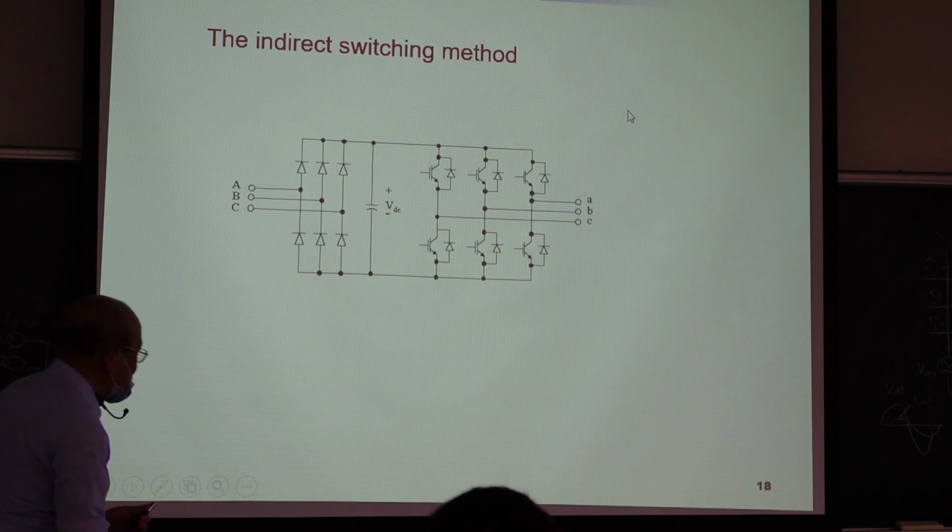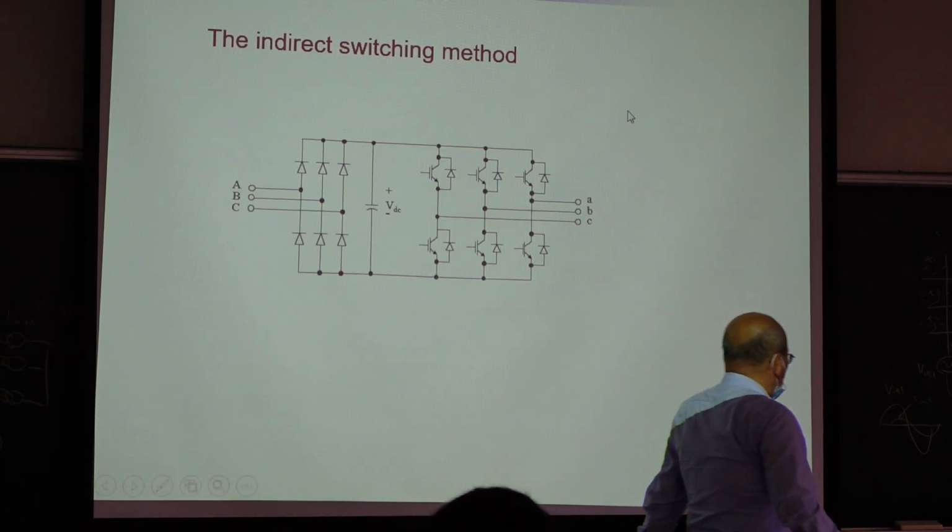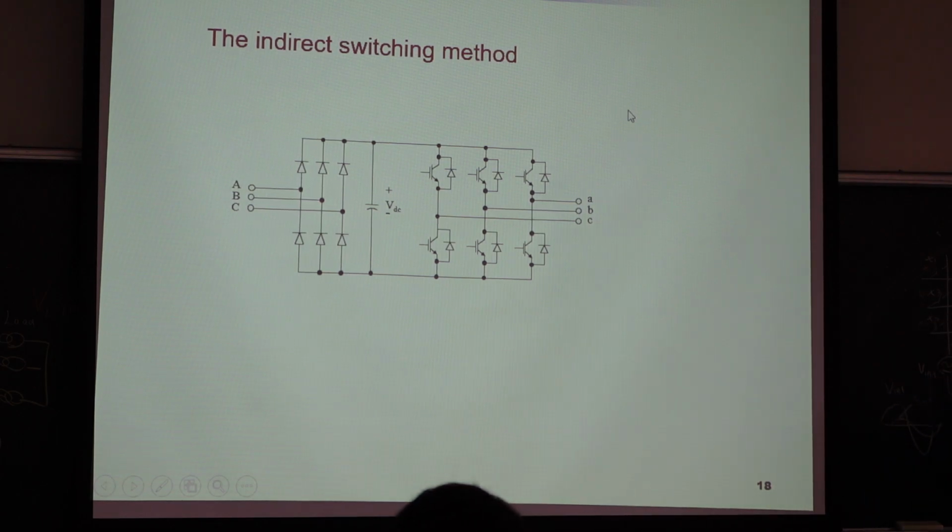So what is an AC switch? If you have an IGBT, you go here, this is not an AC switch. If you need an AC switch, then you have to use 2 switches in parallel. Go here, go here. So this is equal to 1 AC switch. So 1 AC switch equals 2 DC switches.